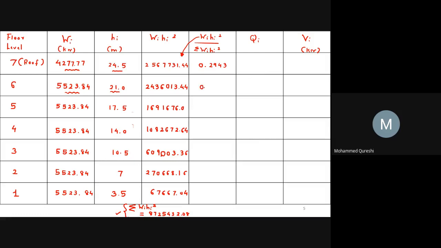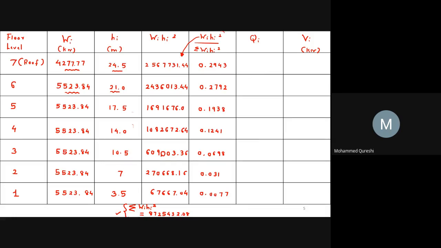So you will get for sixth floor 0.2792, 0.1938, 0.1241, 0.0698, 0.031, and for last, that is for first floor, 0.0077.